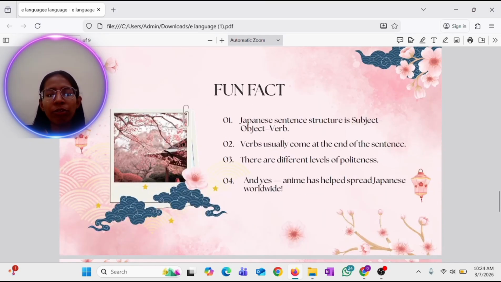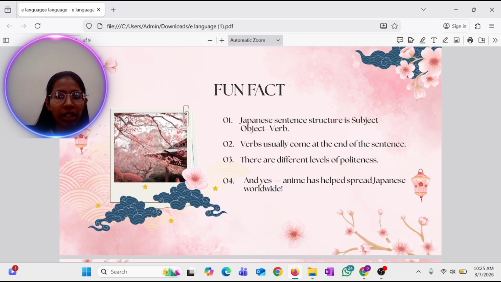And there are some fun facts about Japanese. First, Japanese sentence structure is subject, object, and verb. If you go for an English sentence structure, there is subject, verb, and object.